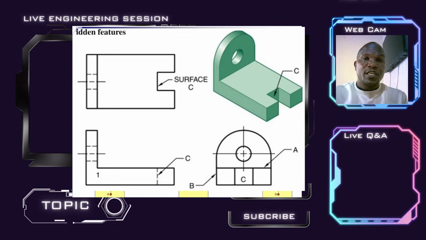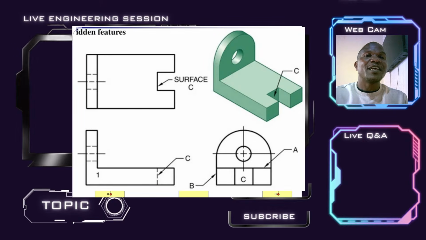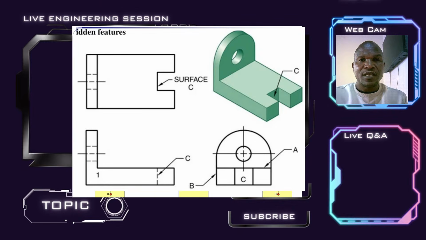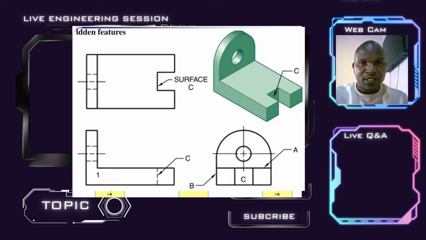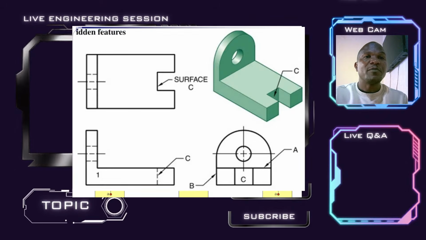For example, from the side, the front view, you cannot tell about the curve or the cavity or the curved edge, which is illustrated as point C. But if you're from the plan, you'll be able to see, voila, it's carved in a manner.